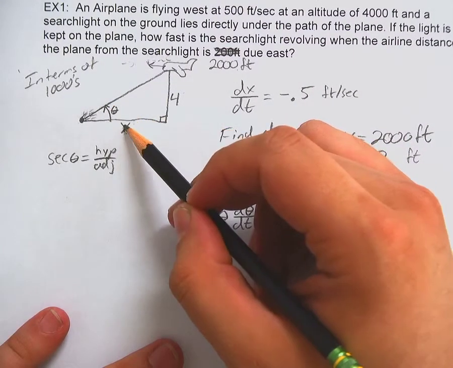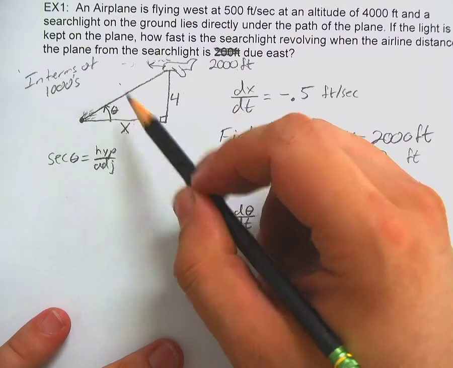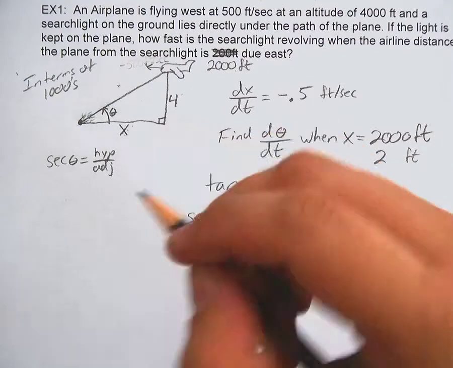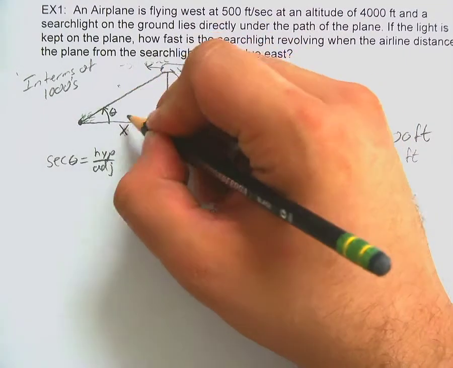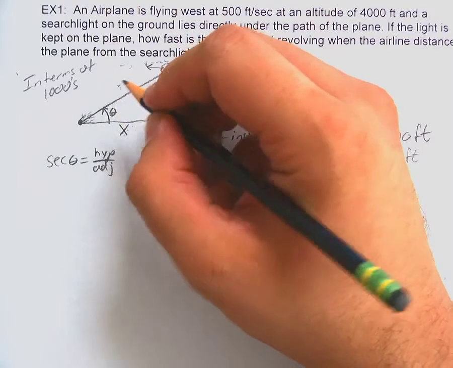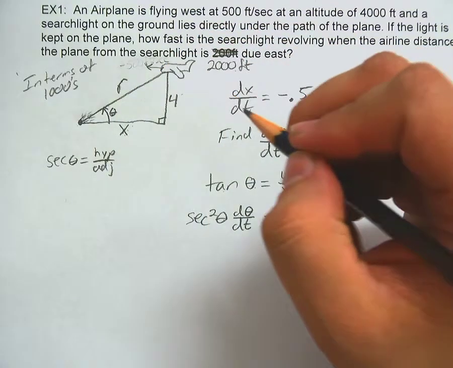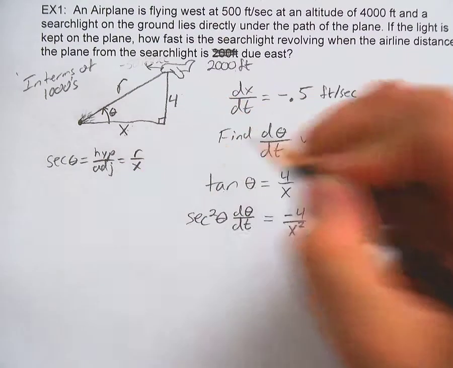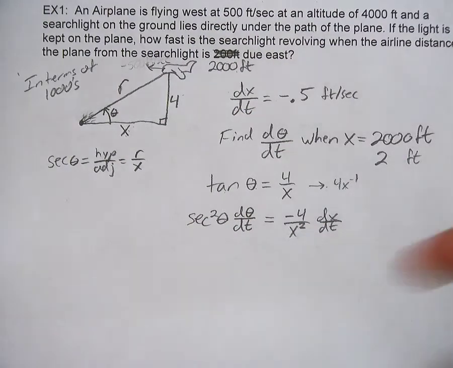X value was x over r, so this is going to be r over x, hypotenuse over adjacent. Since we're used to calling this radius with your unit circle, let's just go ahead and call this r. So this is going to be r over x, right? That's from the unit circle.